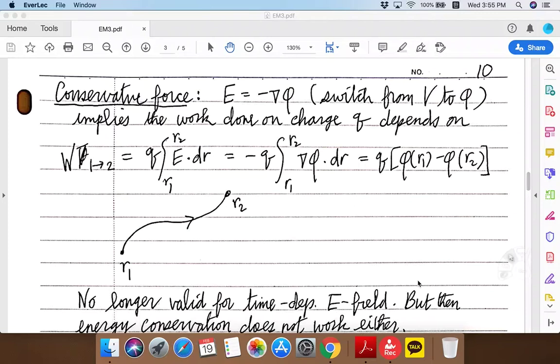Okay, and another noteworthy thing about the nature of the electric field is that under the static situation, the electric field is the gradient of some scalar function, which I used to call the electrostatic potential.